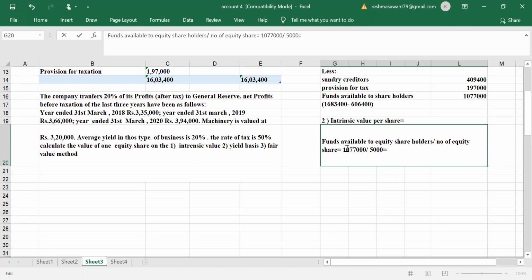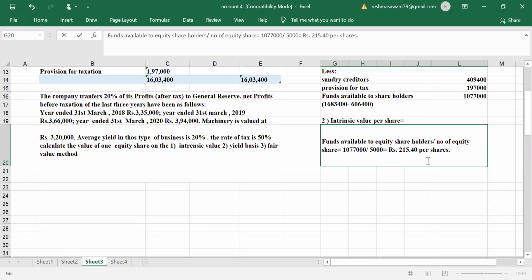So 10,77,000 divided by 5,000, your number of shares. The answer will be rupees 215.40 per share.